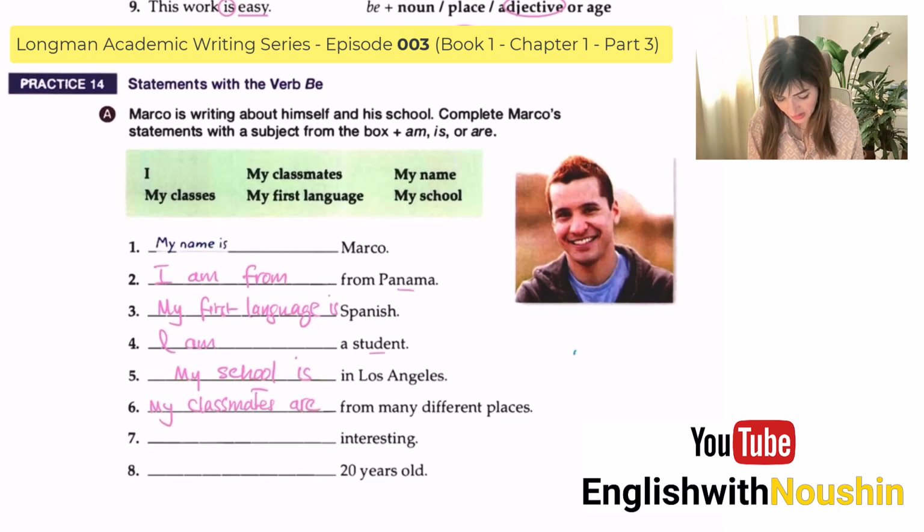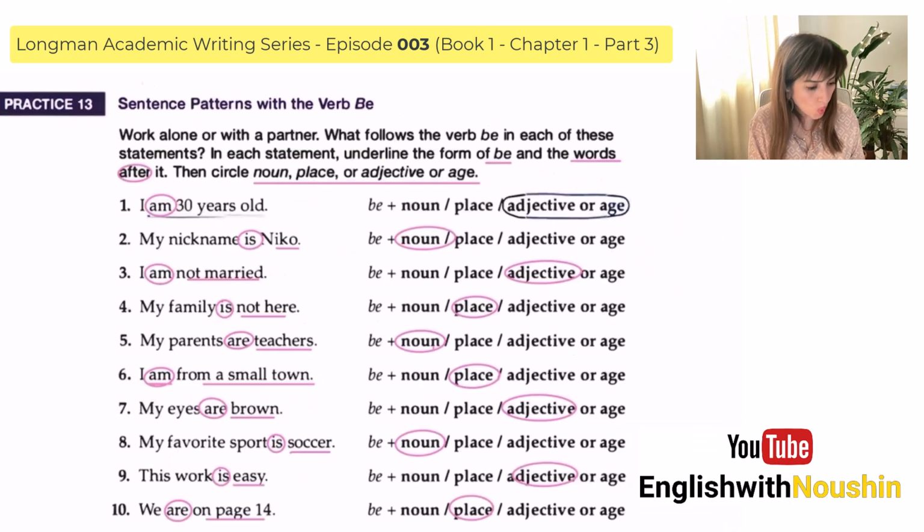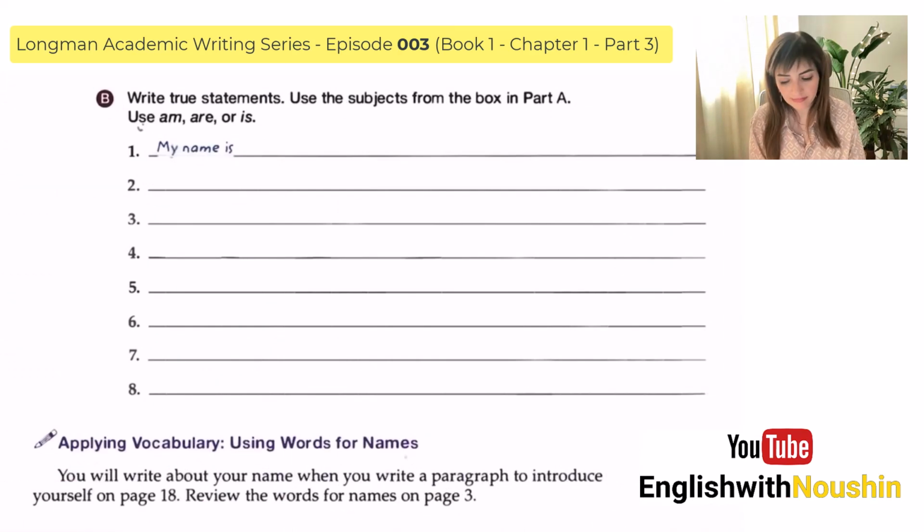What is interesting? We need a noun. My classes. My classes are interesting. And 20 years old is obvious. I am 20 years old. Done. In part B, your turn.